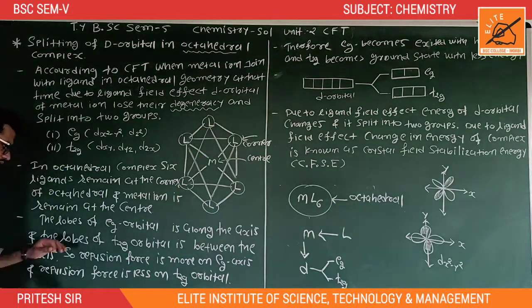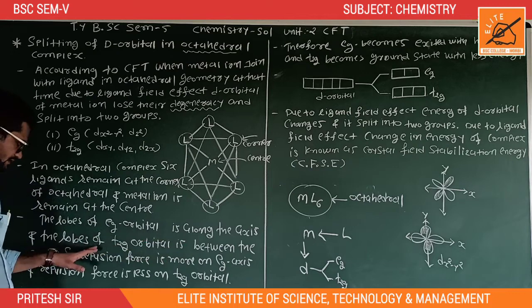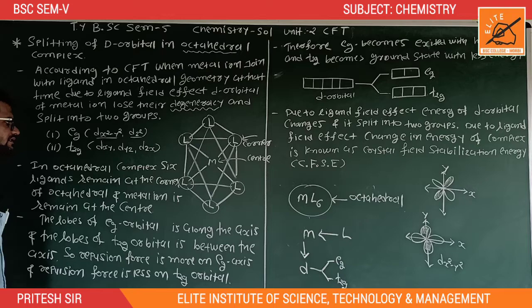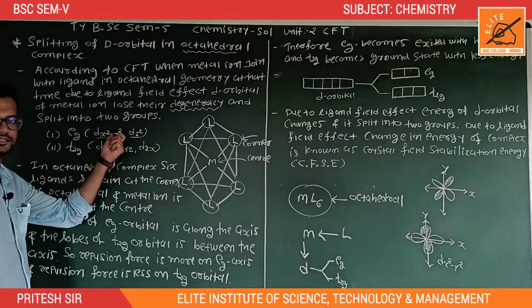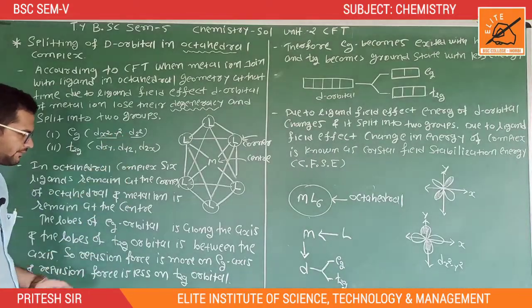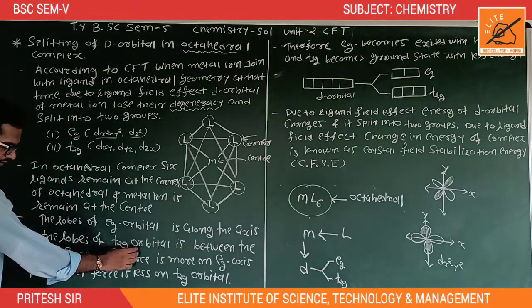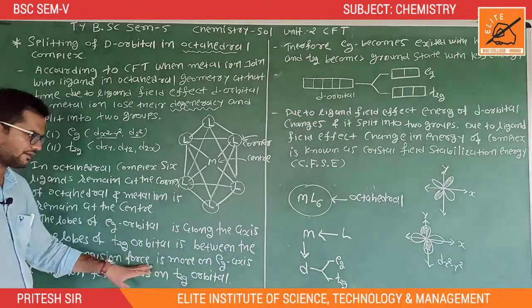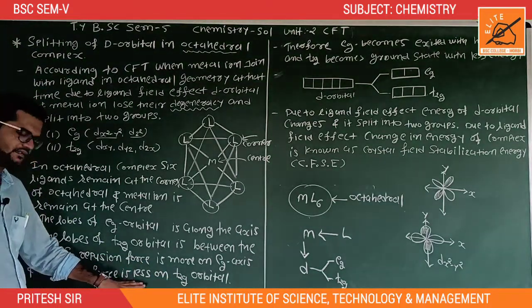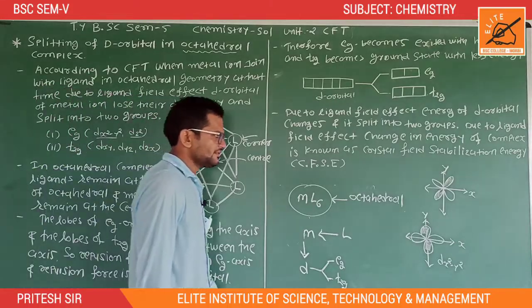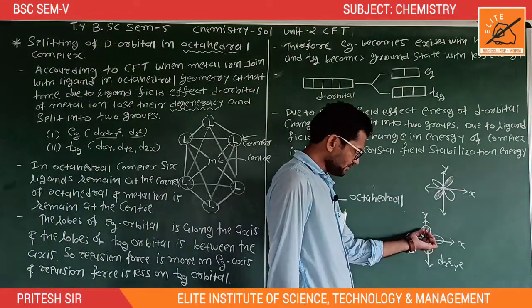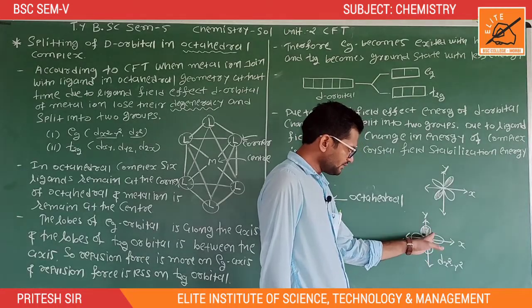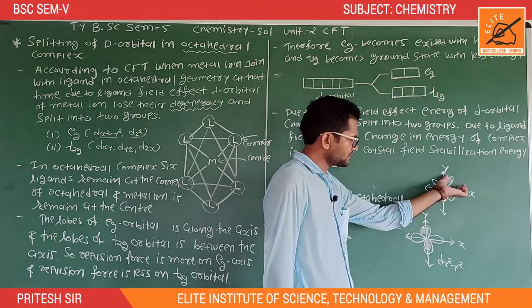The lobes of the Eg orbitals are along the axis because Eg contains dx square minus y square and dz square. In both orbitals the lobes are along the axis, and the lobes of the T2g orbitals are between the axis.